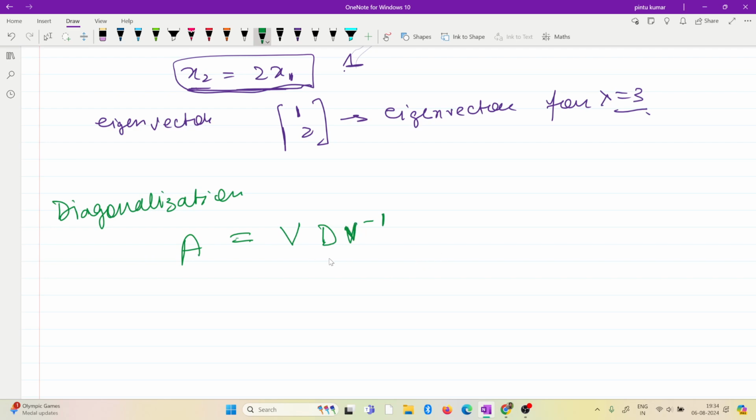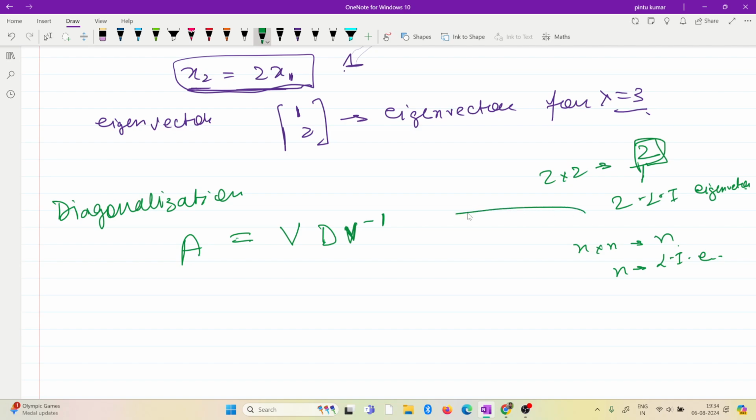If it is an n cross n matrix with rank n, and you can obtain n linearly independent eigenvectors, you can write it in this form.